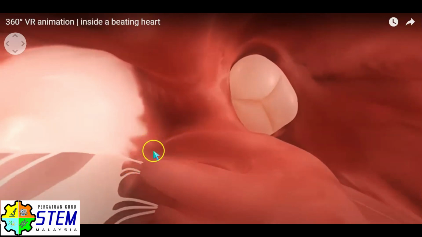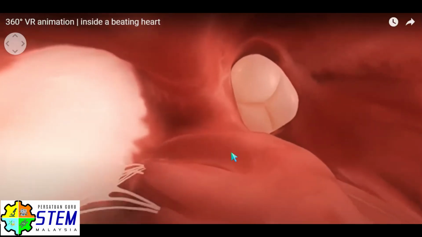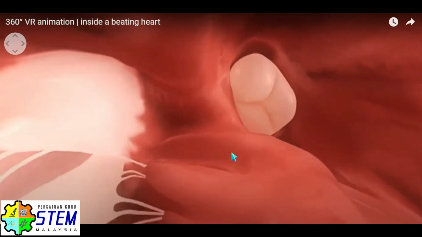If you can identify, this is the atrioventricular valve, which is the tricuspid valve, while this is the semilunar valve, which is the pulmonary valve. Look at the closing and opening of both valves.